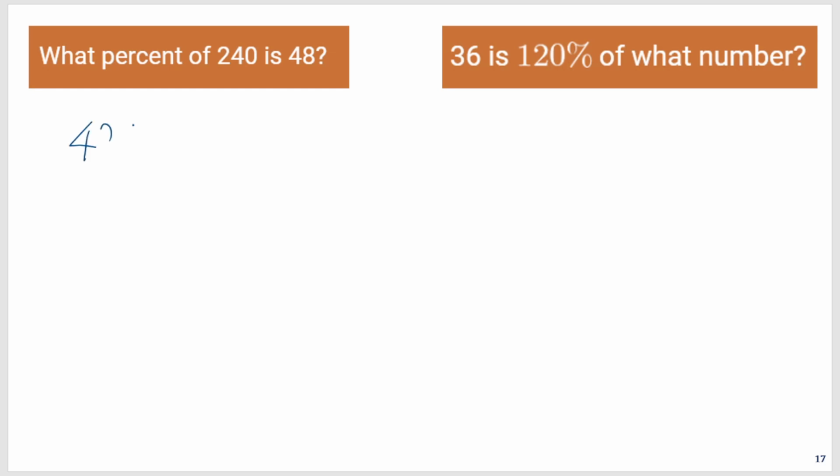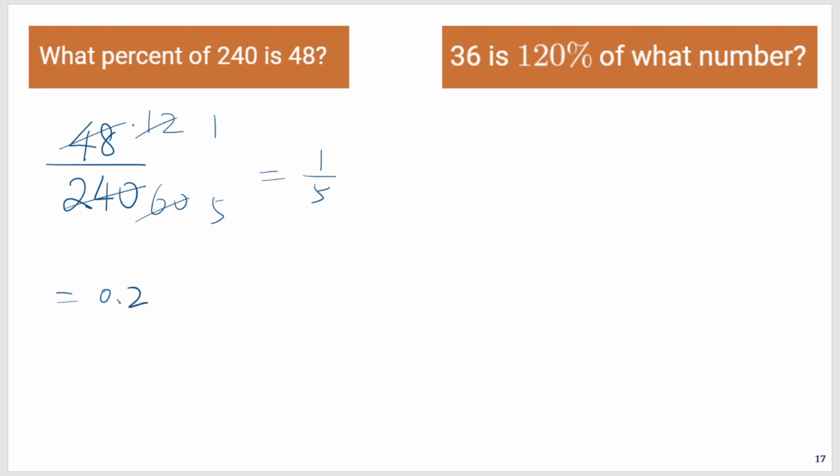We could use just 48 over 240, right? Well, we can cancel a 4 here. This gives us 12 over 60, then cancel a 12, and this gives us 1 over 5, right? 1 over 5 is 0.2, and 0.2 is 20%. Did you get it? So 48 is 20% of 240, right?